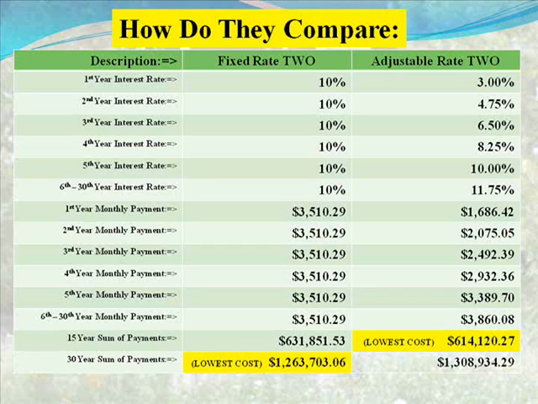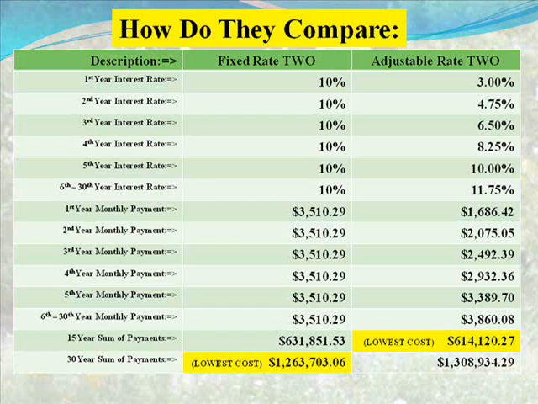And the payments increment as shown here to the point where for years 6 through 30, the monthly payment is $3,860.08. And the 15-year sum of payments is $614,120.27, which is the lowest cost here when compared to the fixed rate.